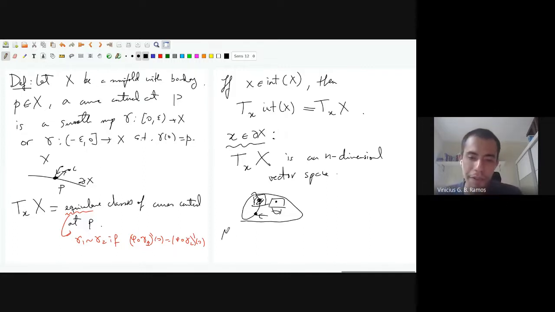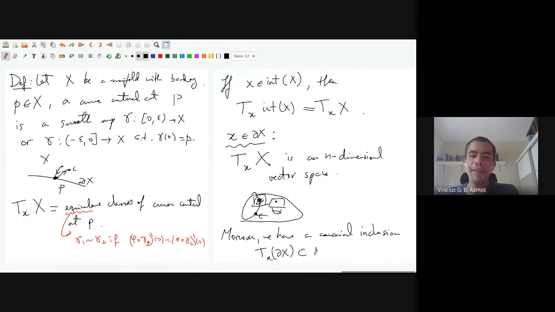Okay, but moreover, we actually have a canonical inclusion. So we can actually see canonically the tangent space to the boundary inside the tangent space to x at the points that are on the boundary. So this is only if you're on the boundary, obviously. Okay, then you can see, so here, if you're on the boundary, you can see this tangent space to the boundary inside of the tangent space of the whole manifold.